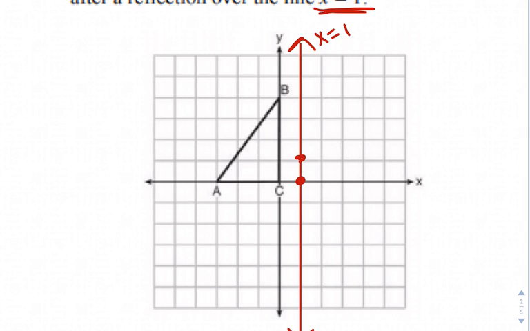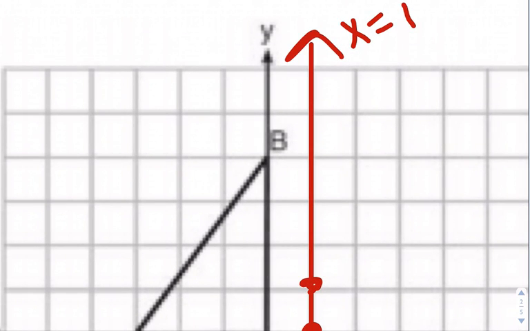Now to do a reflection over that line, all you have to do is count the spaces from the original triangle to the red line and then repeat it on the other side. So what I mean is if I start with B, I see there's 1 space to the red line, so I'm going to count 1 space over on the other side of the red line, and that would be my B prime.